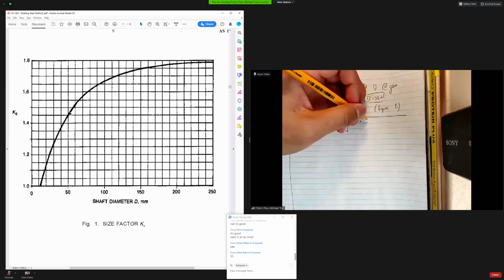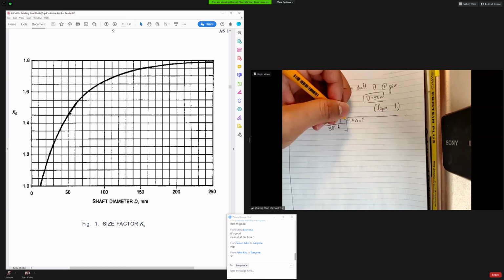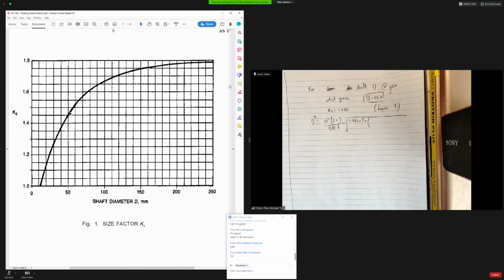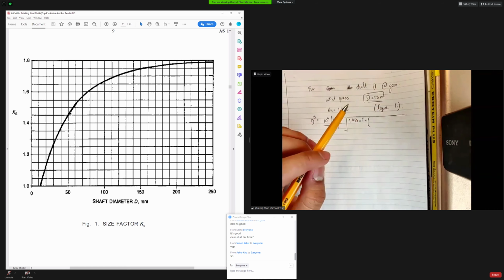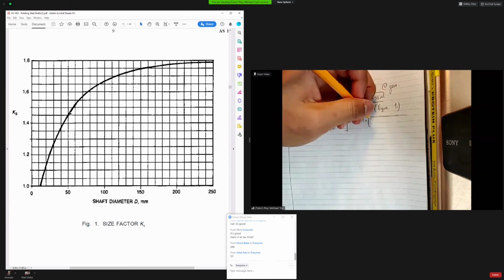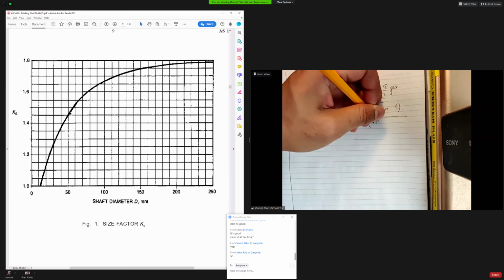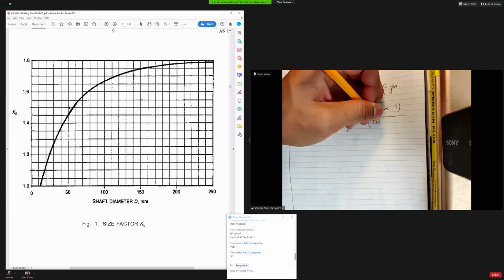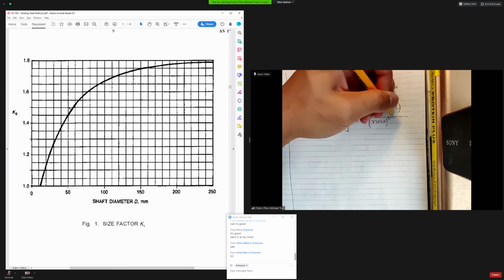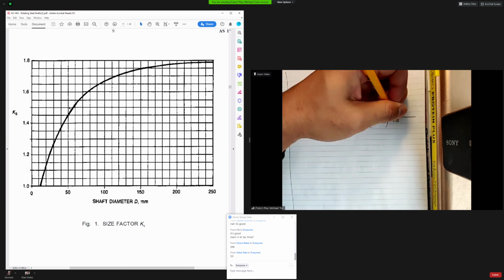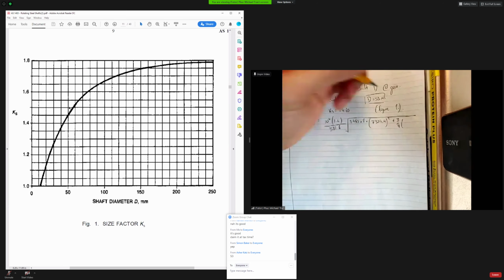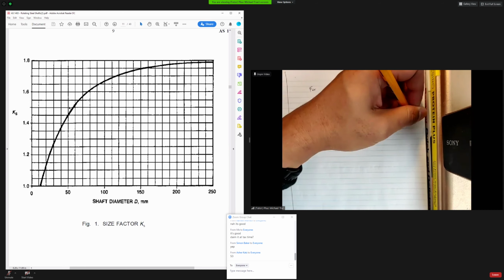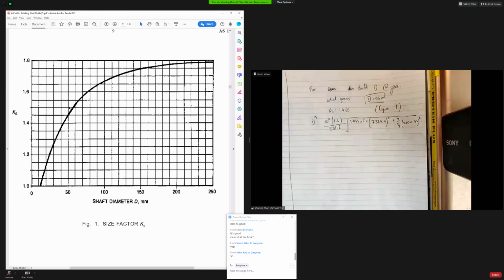Stress raising factor is 1 because it's not specified. Times at the gear, the moment is 7,324.4 squared plus 3 on 4 TQ squared, so 2604.35 squared.